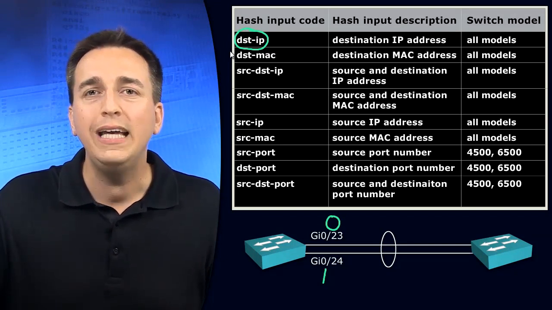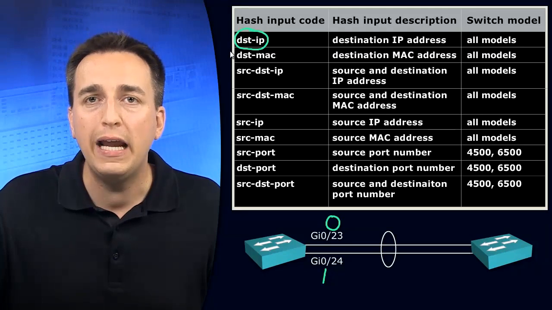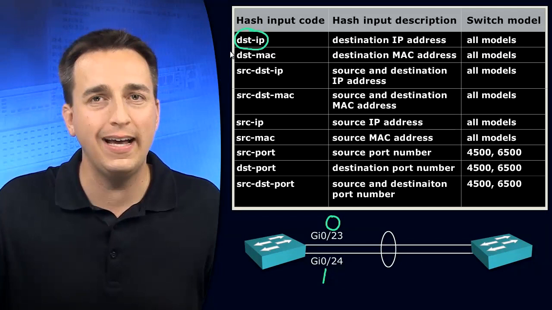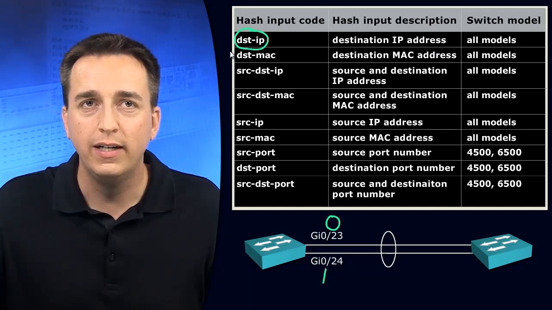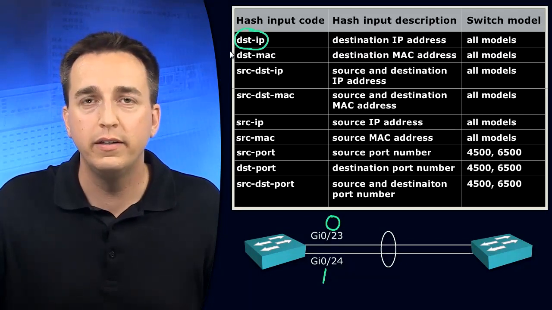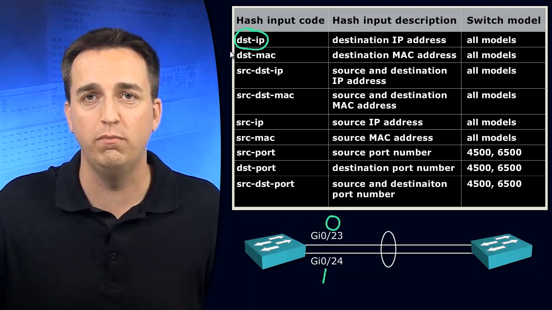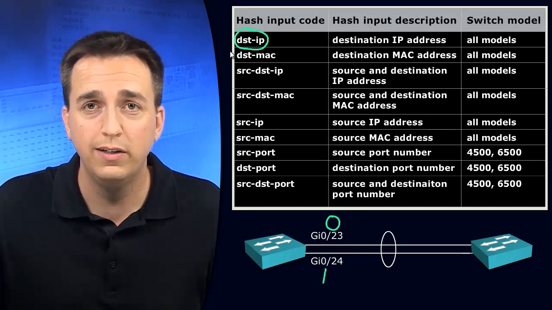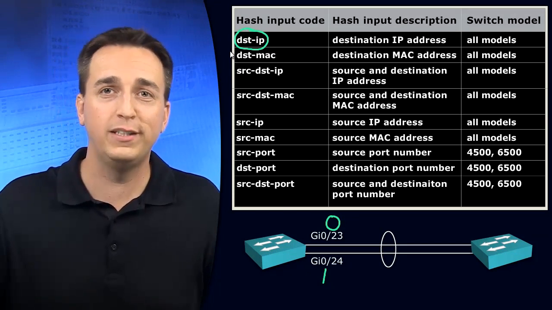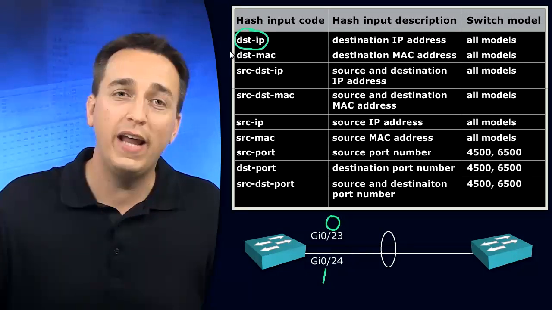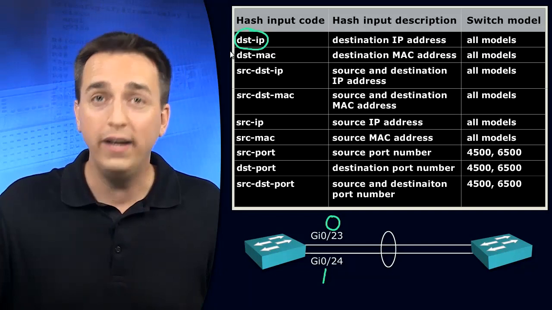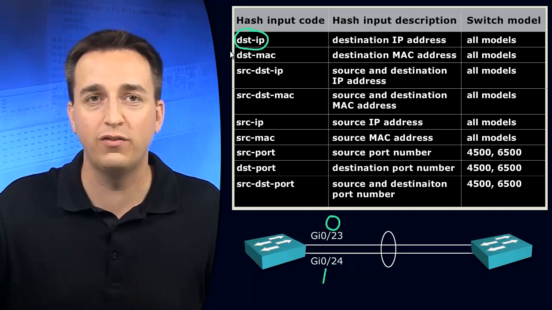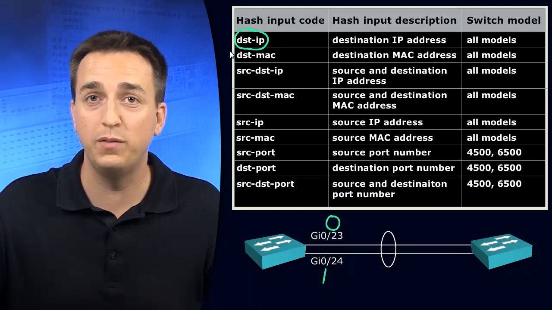And the very last binary bit in the destination IP address is going to be determined based on this hashing algorithm. If it happens to end in a 0, the traffic will be forwarded over gigabit 0/23. If it ends in 1, the traffic's going to be forwarded over gigabit 0/24. It's that simple.